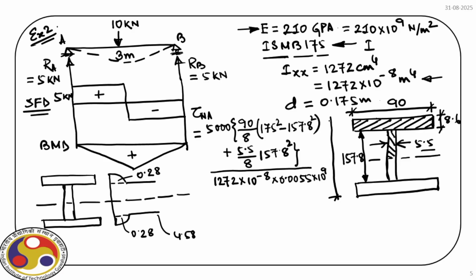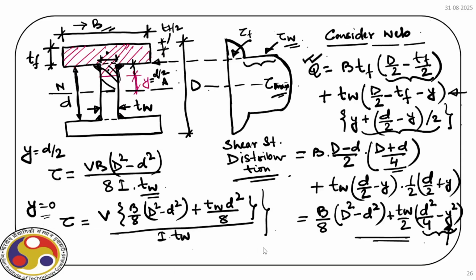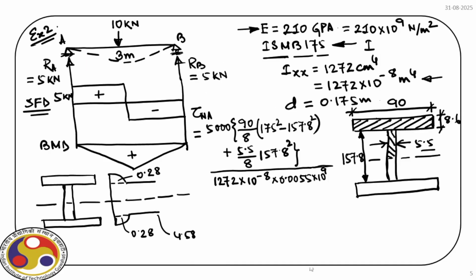So that's the expression for tau. So what we have done, we use the expression directly, what we derived in the previous lecture, and then now we solve the shear stress value. And if you solve this, you get 6.4 MPa.